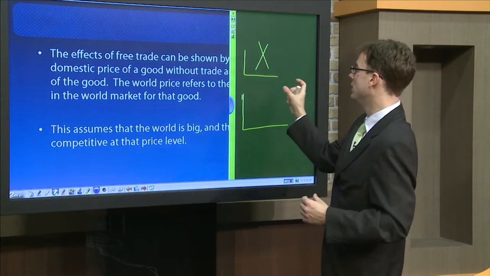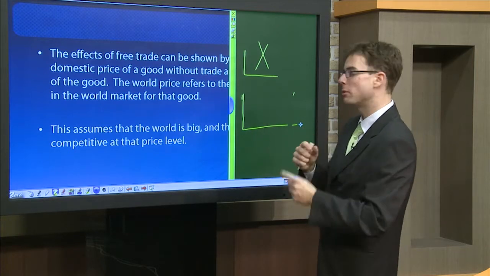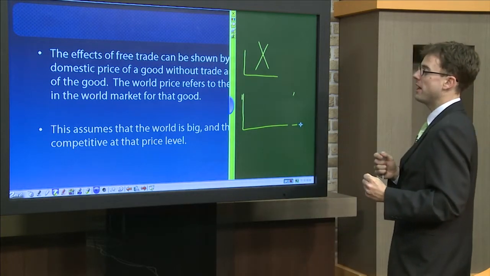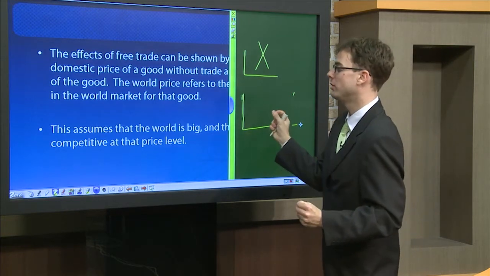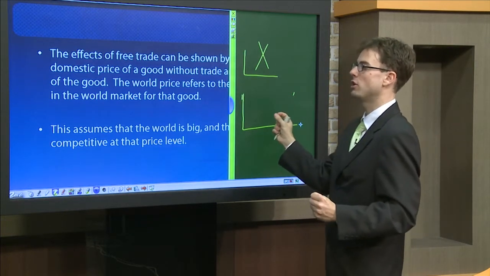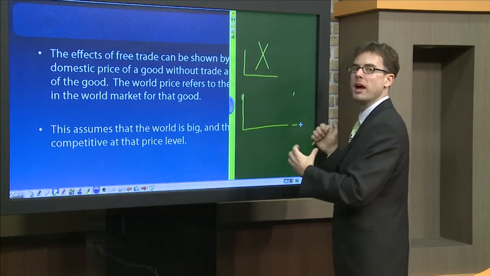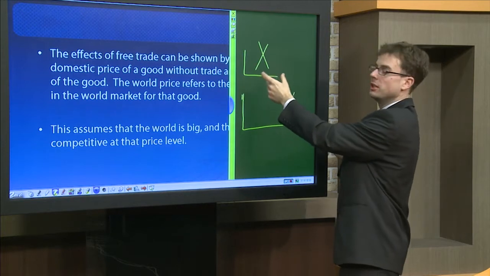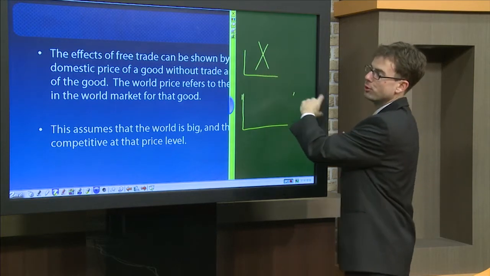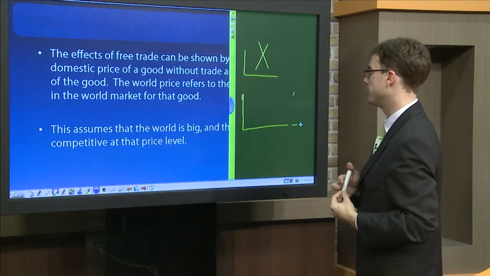You should recall from chapter 4 that when we go from individual supply curves and individual demand curves to aggregate supply and demand curves, we add up horizontally how much each consumer can buy, how much each producer can make.